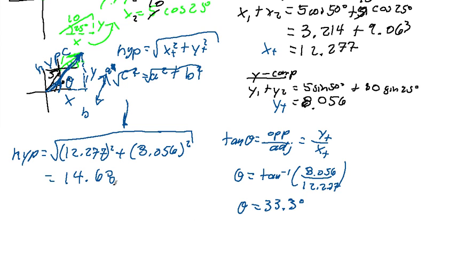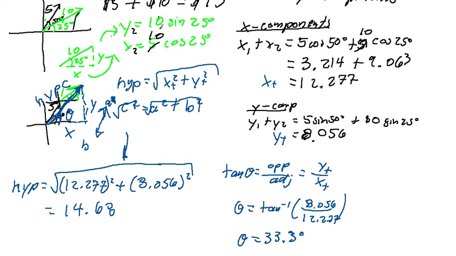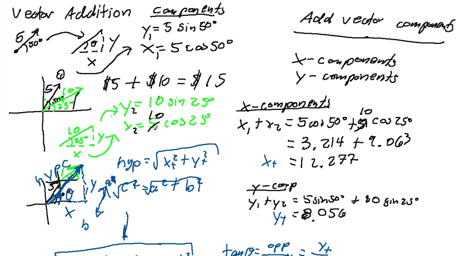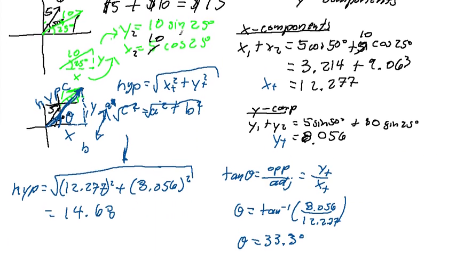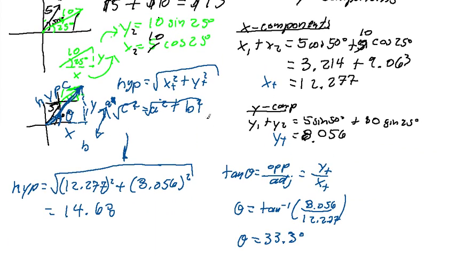So we added both vectors 1 and 2. Vector 1, remember, was 5 at an angle of 50, and we broke it down into its components. Vector 2 was 10 at an angle of 25. We broke it down into its components, and then we added the components together to find the new component of our total vector.